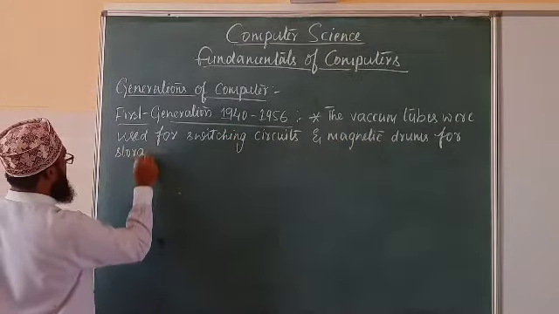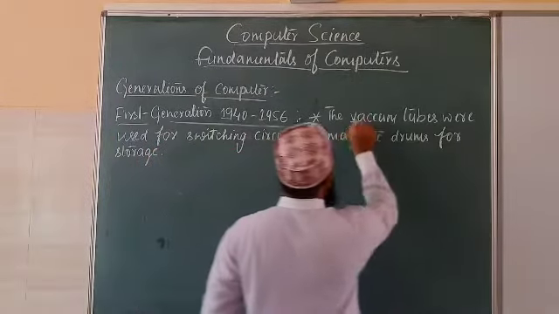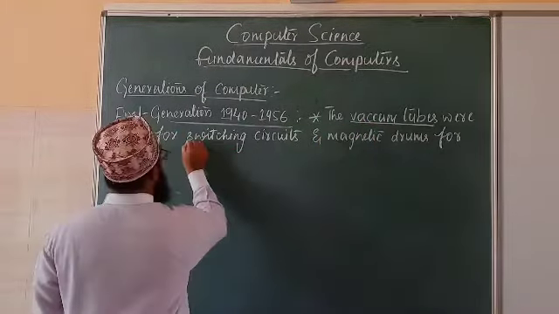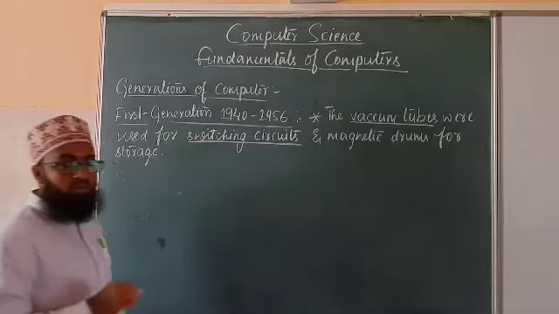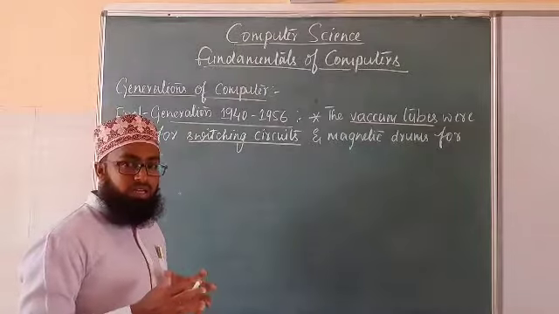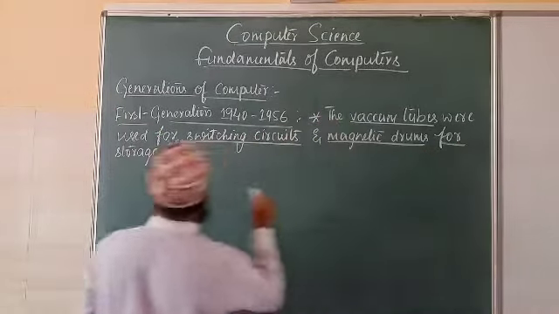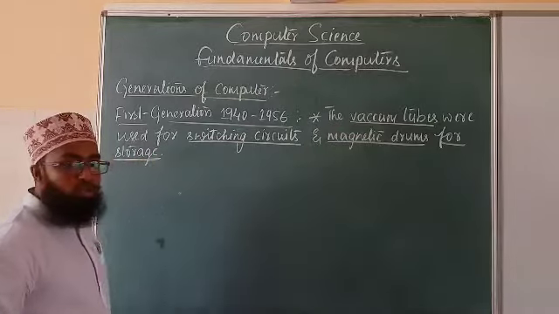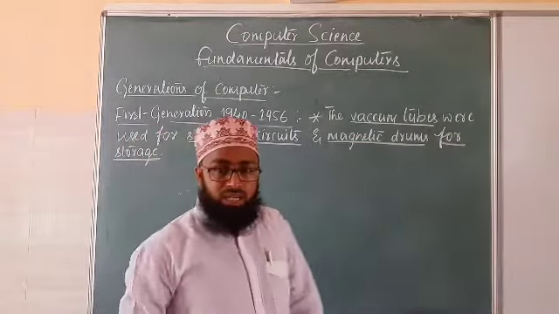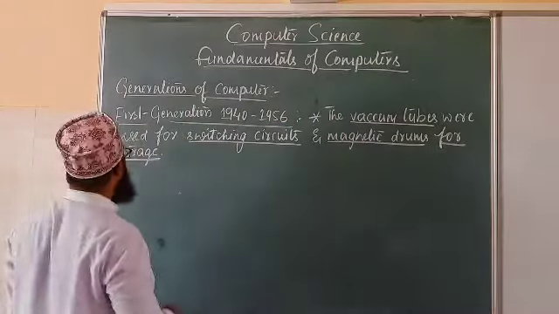Listen, the vacuum tubes were used for switching of circuits. Switching of circuits means transfer of data, creating circuits, and then magnetic drums for storing any data.